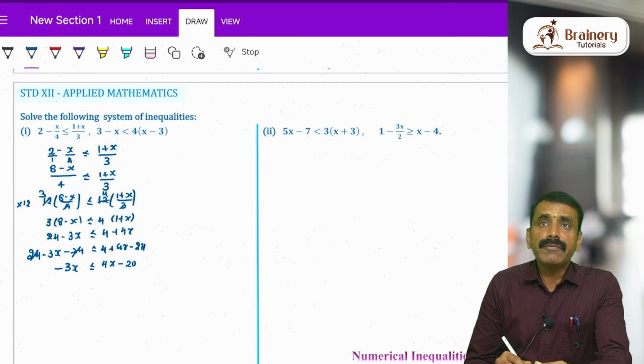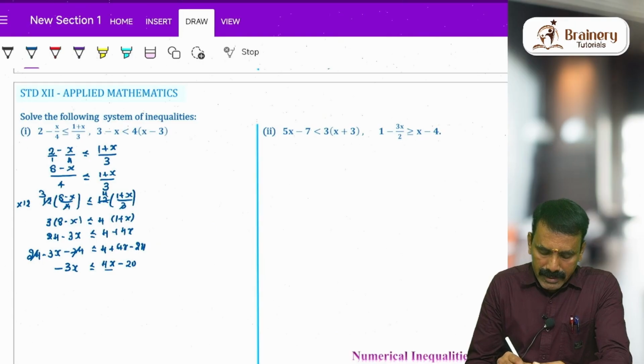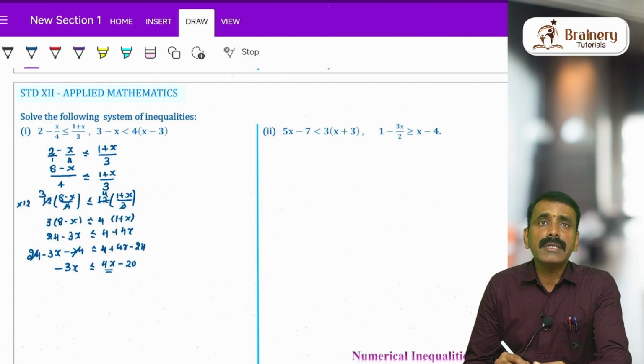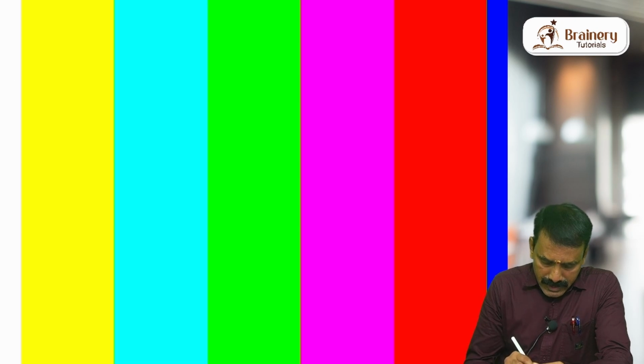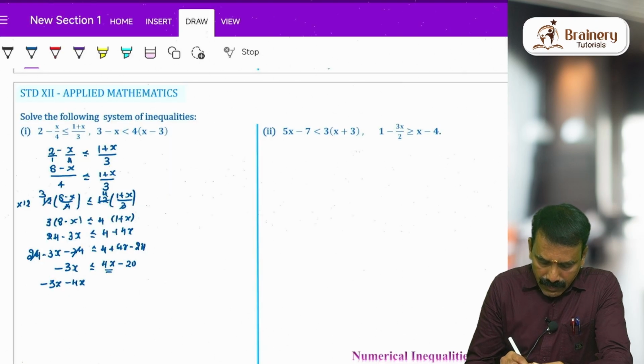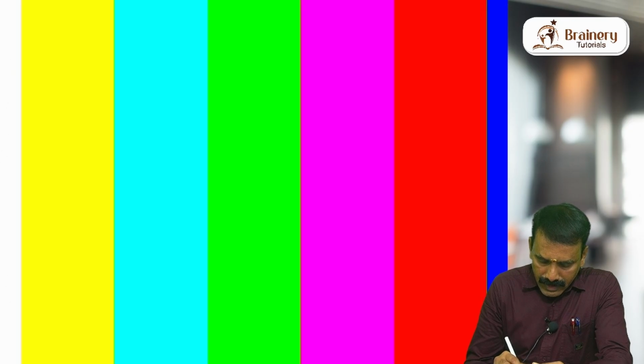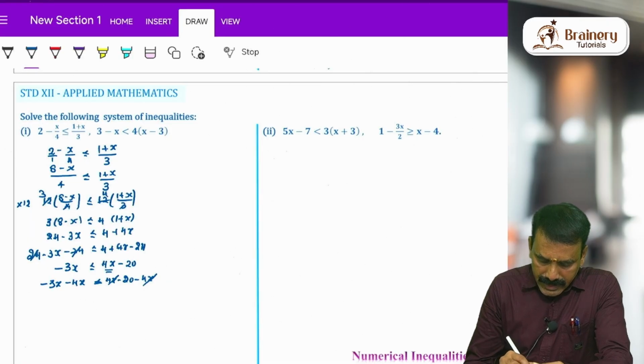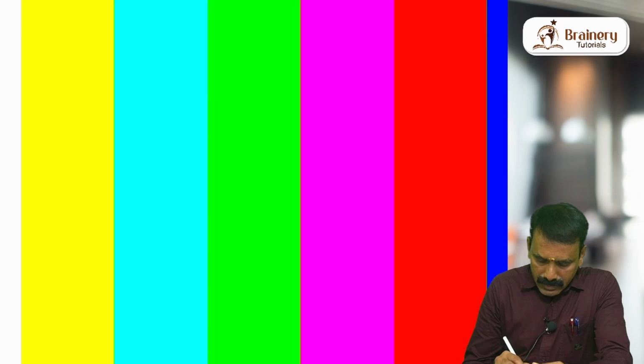We simplify further. On the right hand side I am having 4x. We remove that 4x by adding the additive inverse, minus 4x. So minus 3x minus 4x less than or equal to 4x minus 20 minus 4x. So 4x cancels and we get minus 7x less than or equal to minus 20.